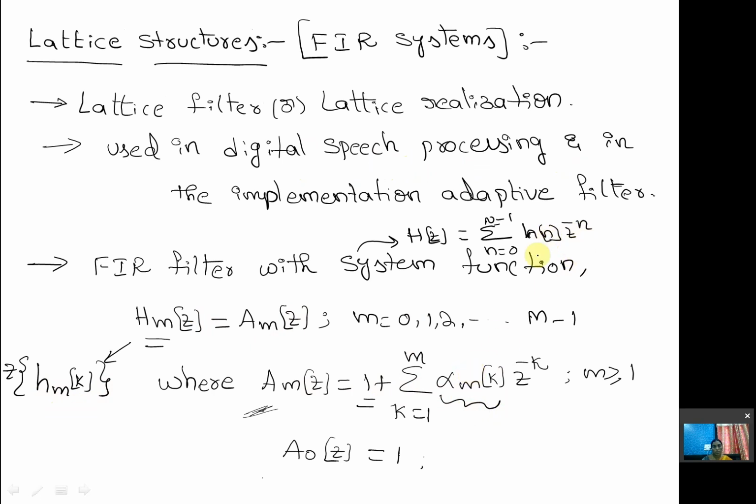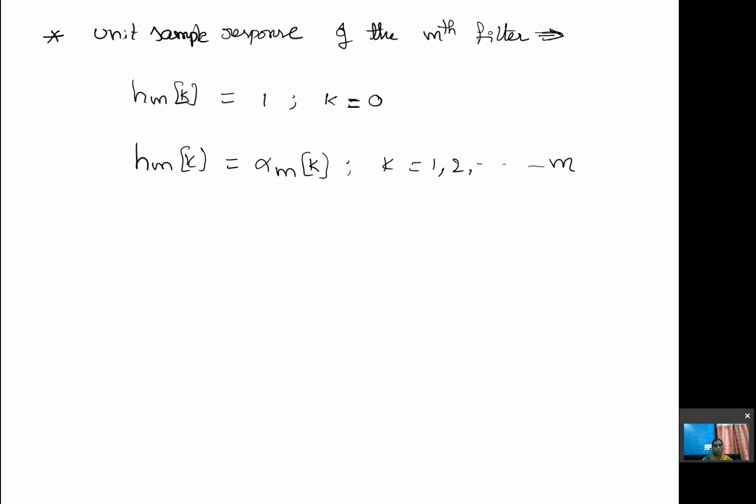Observe the resemblance here. So hm of k for k greater than or equal to 1, that means 1, 2 and so on up to m, is nothing but the impulse response, or unit sample response.